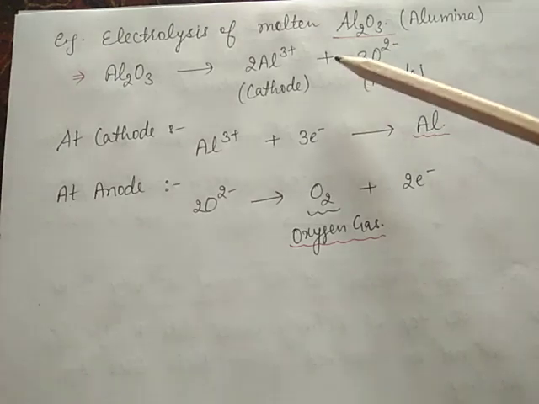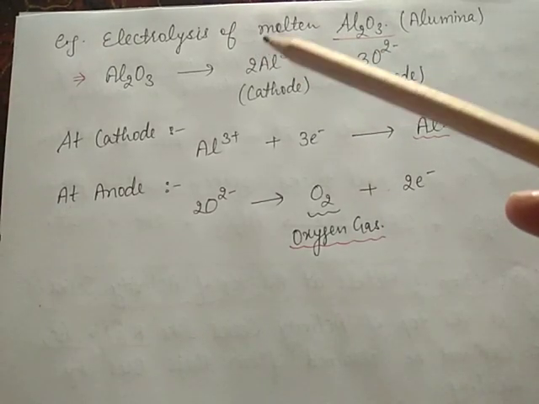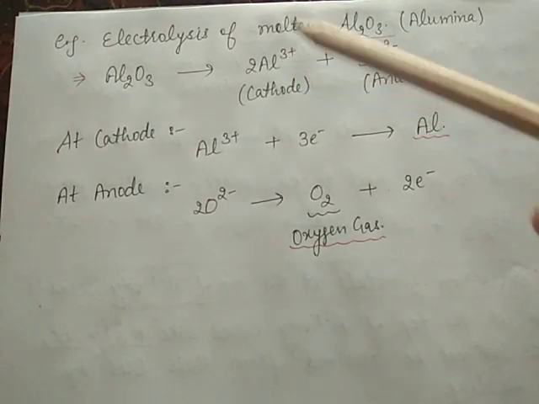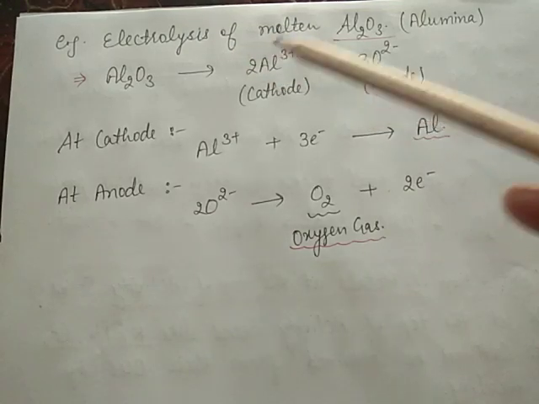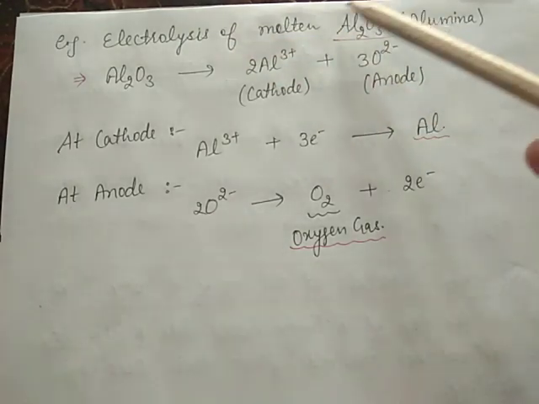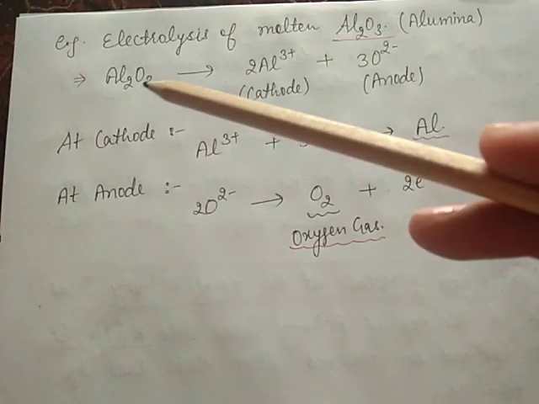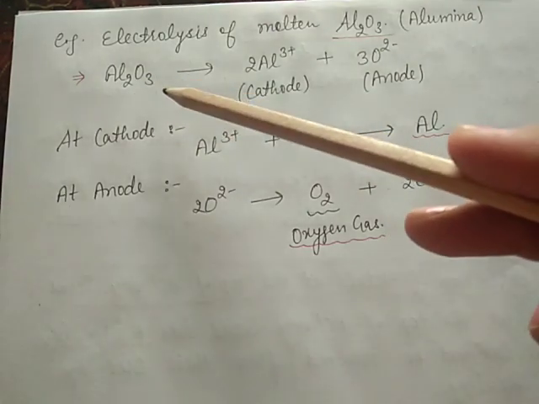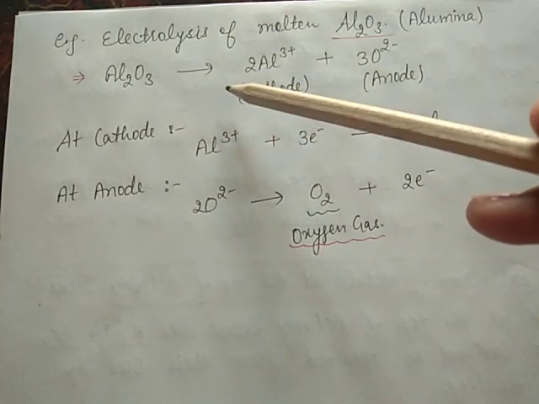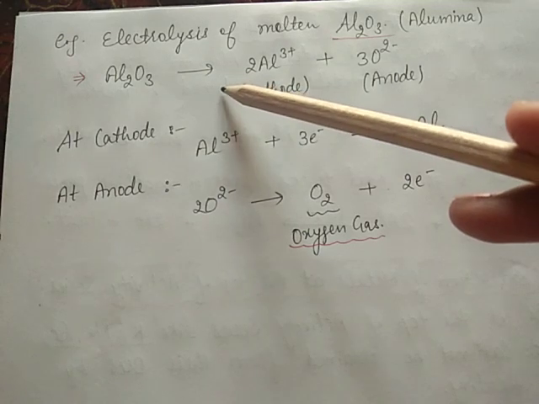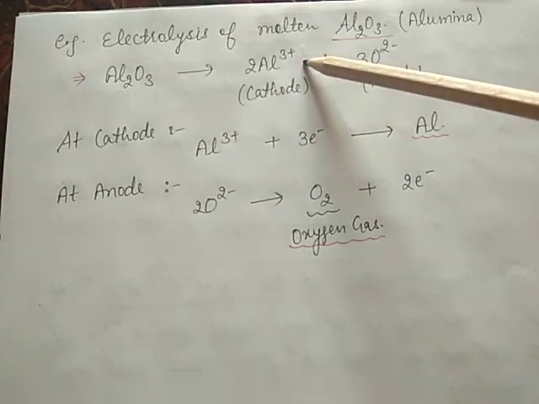Now we take another example, that is aluminium is separated by the electrolysis of molten aluminium oxide. This is called alumina. First, aluminium oxide Al2O3, after passing the electric current, is dissociated into ions.